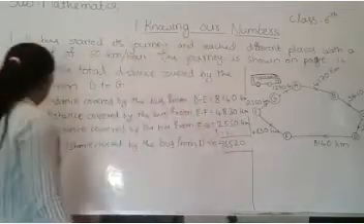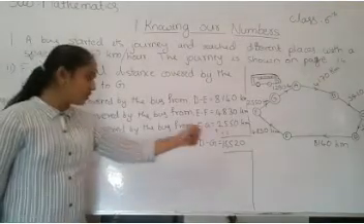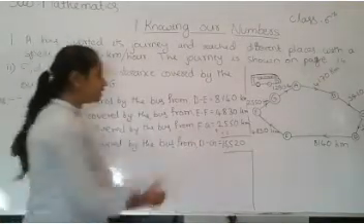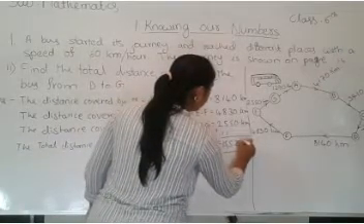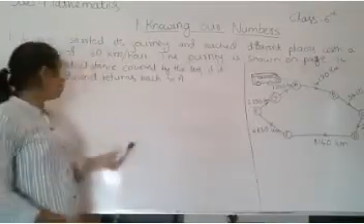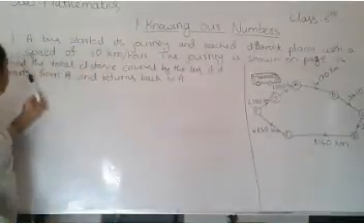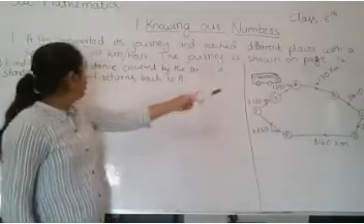Yes, so the total distance covered by the bus from D to G is 15,520 kilometer.